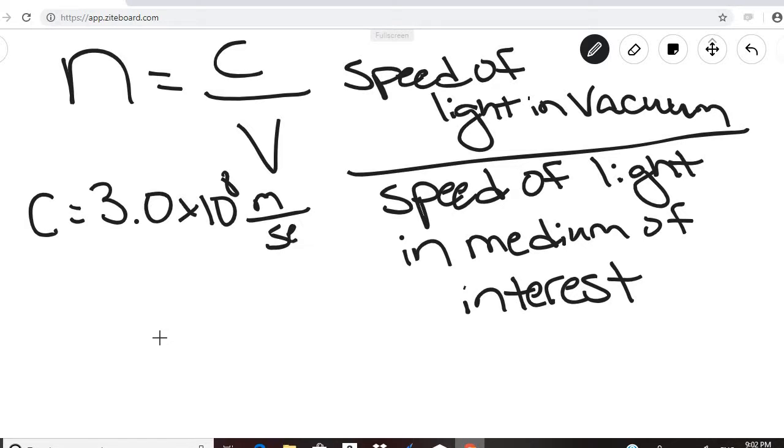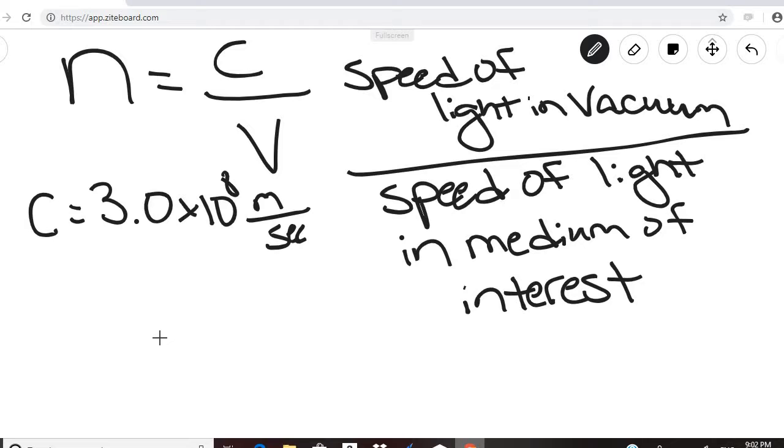Well, that's the speed of light in a vacuum, and the speed of light in a vacuum and the speed of light in air are so close that we just assume they are the same.